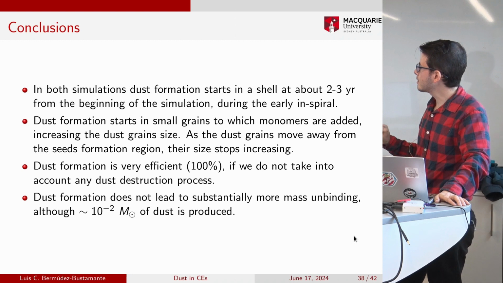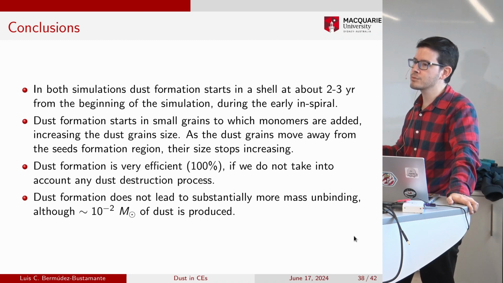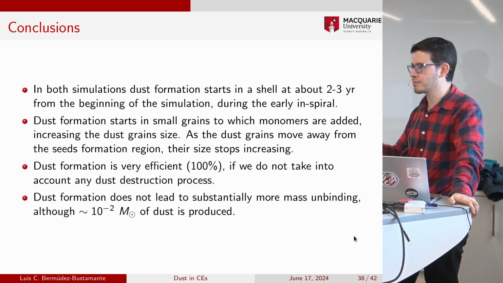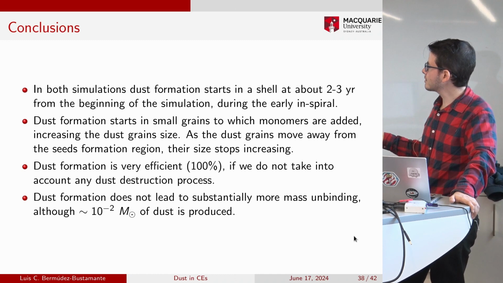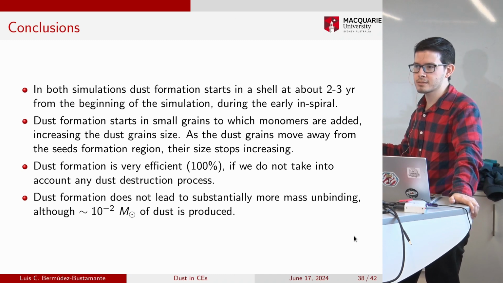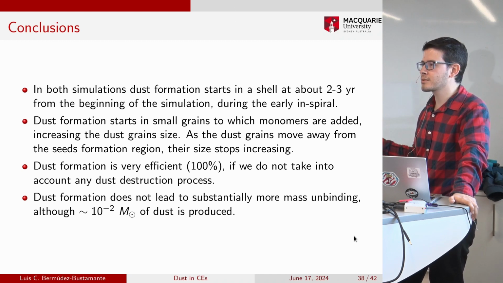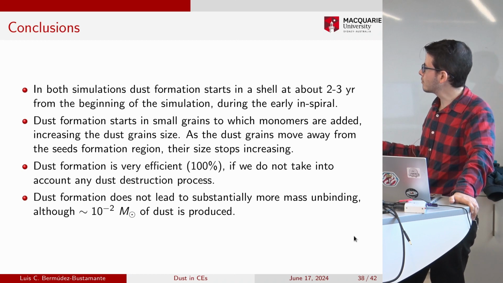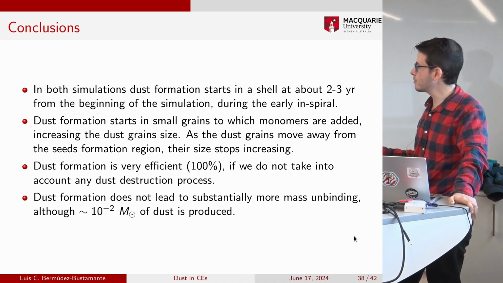So finally, in conclusions, we made these two common envelope simulations, taking AGB stars of different masses. And in both simulations, the dust formation starts at about 2 or 3 years after the onset of the simulations. The dust grains are small, but they grow in size due to the addition of monomers.